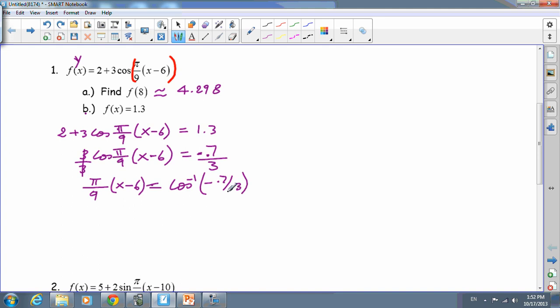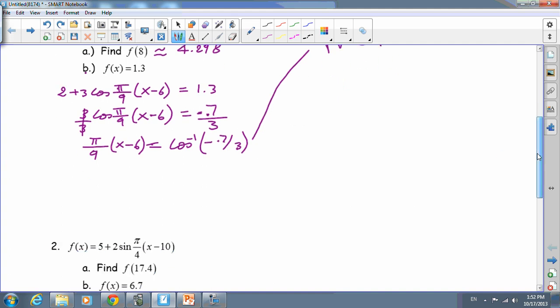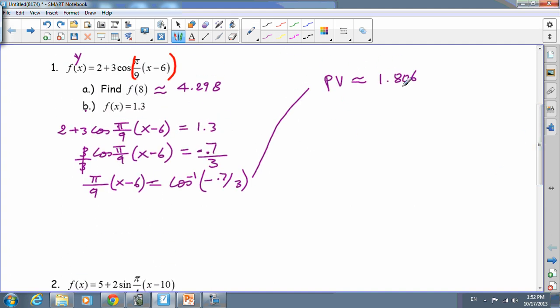Using your calculator, you will figure out what this cosine inverse is. And that one represents your principal value. So if you use the calculator, you end up with the principal value approximately equal to 1.806.